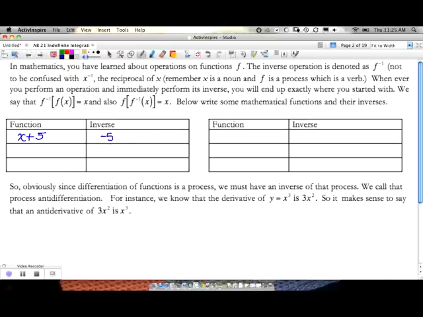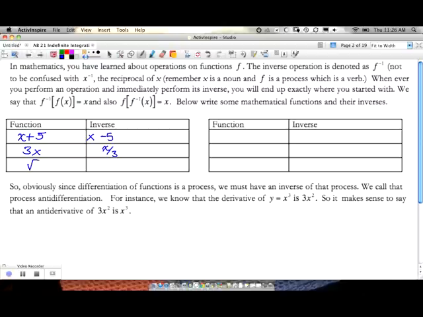Well, it's just going to be x minus 5, because if I plug this into the other one, then I'd get just x. This next one, let's say we had 3x. Well, what if we were to say x over 3? That would be the opposite of 3 times x, x divided by 3.